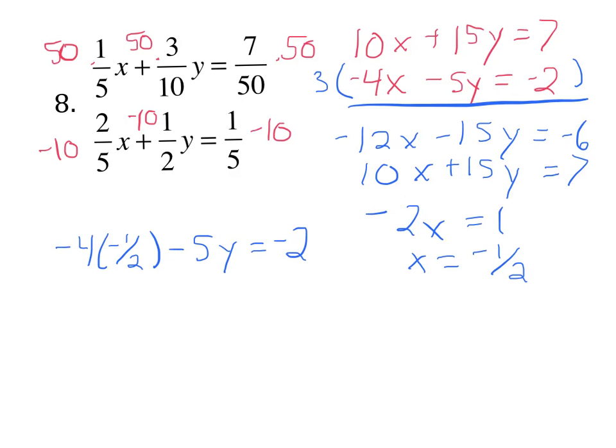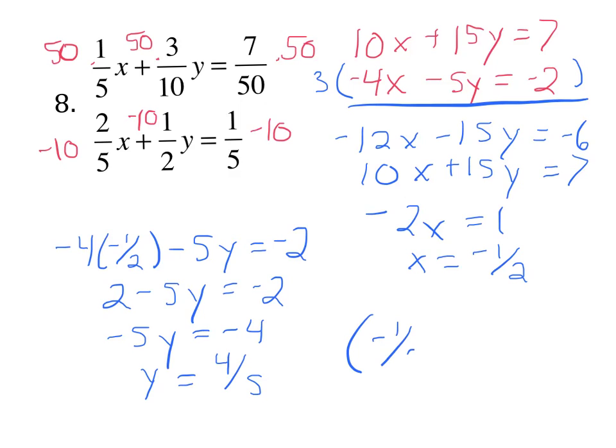So that would be a positive 2 minus 5y equals negative 2. So negative 5y would equal a negative 4. So y equals a positive 4/5. So my final answer would be negative 1/2 and positive 4/5.